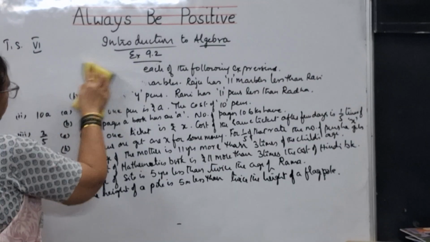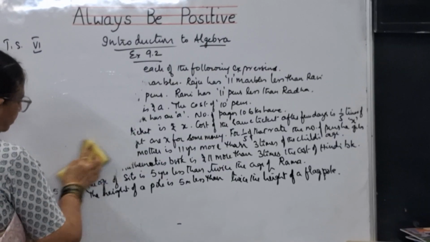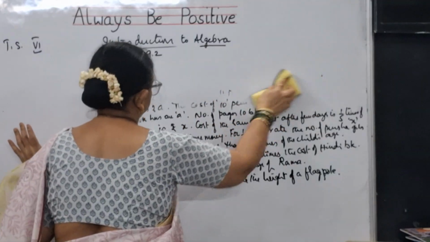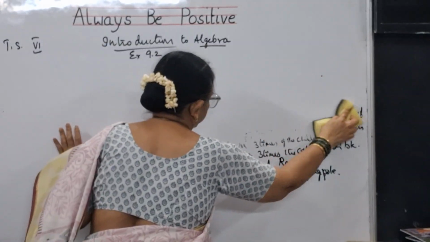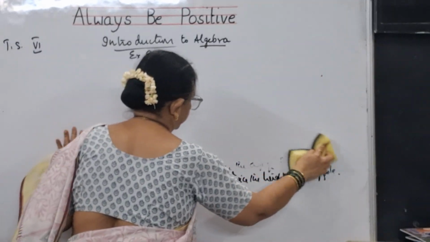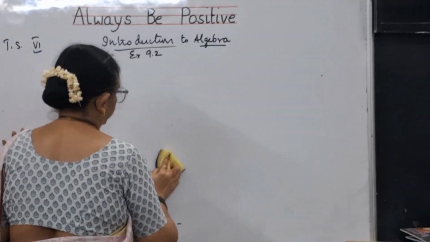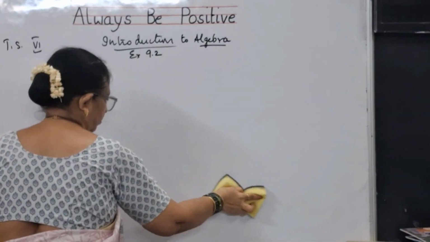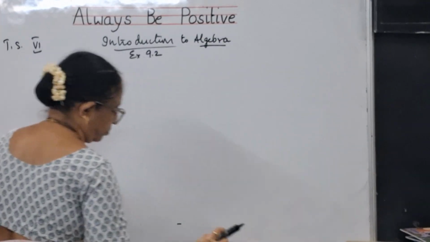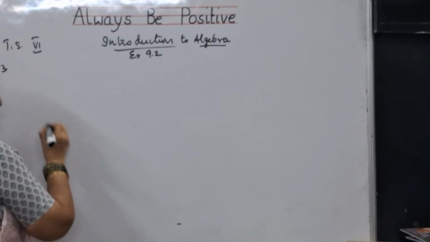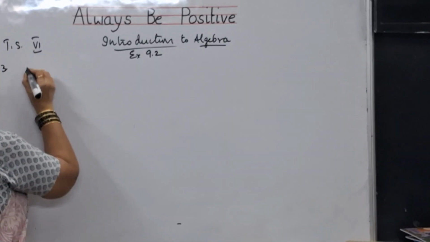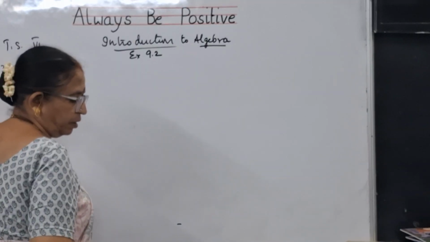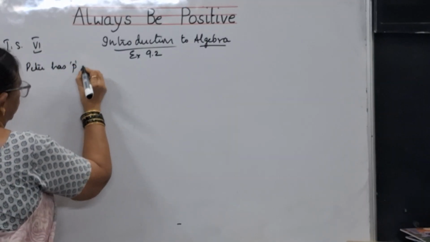Now, let me see the third problem. Third one is Peter has P number of balls.